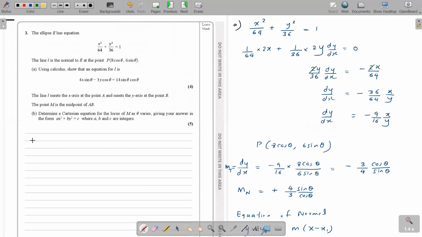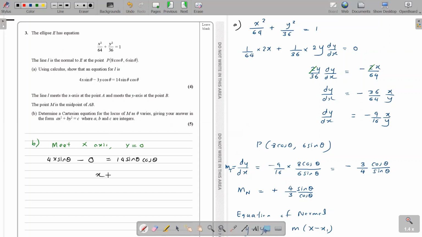They say the line L meets the x-axis at the point A and meets the y-axis at the point B. Okay, so when you meet the x-axis, y is 0. So input y as 0 and you get 4x sine theta minus y0 equals 14 sine theta cos theta.